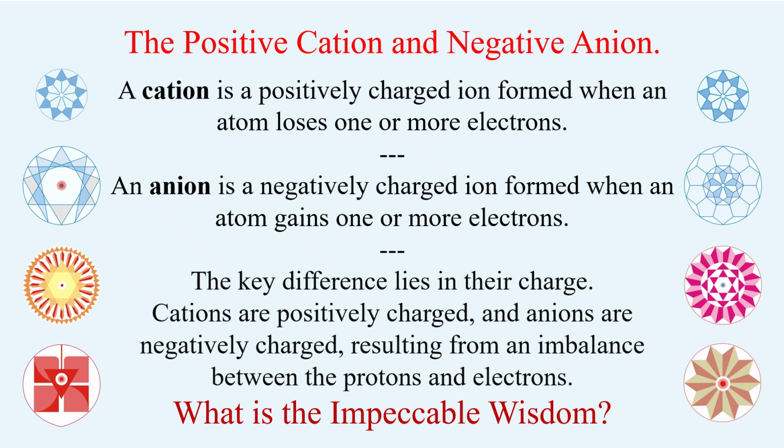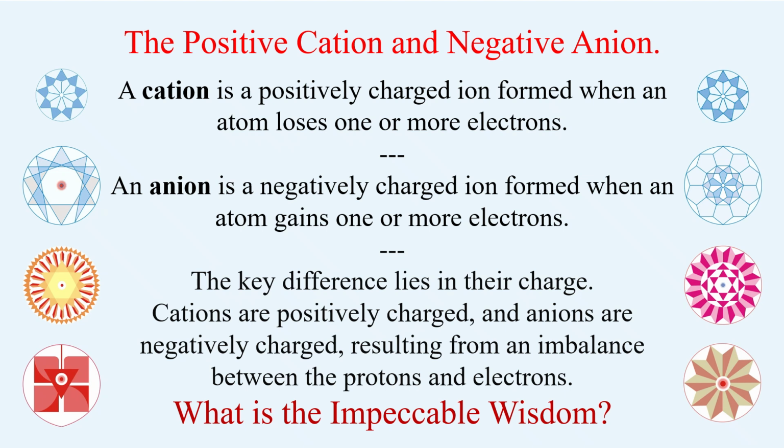So it is a transfer of electrons. If the electrons are changed, it will be either cation or anion. The key difference lies in their charge. Cations are positively charged, anions are negatively charged, resulting from an imbalance between protons and electrons.